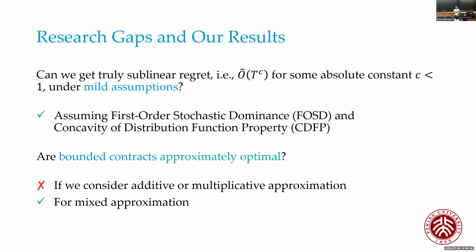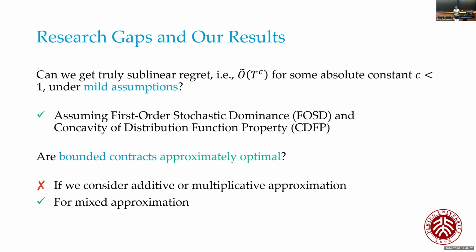We want to find these research gaps, answer those research questions, and satisfy our curiosity. So the first question we are interested in, compared to the sublinear regret results, is: can we really get truly sublinear regret algorithms under some mild assumptions?